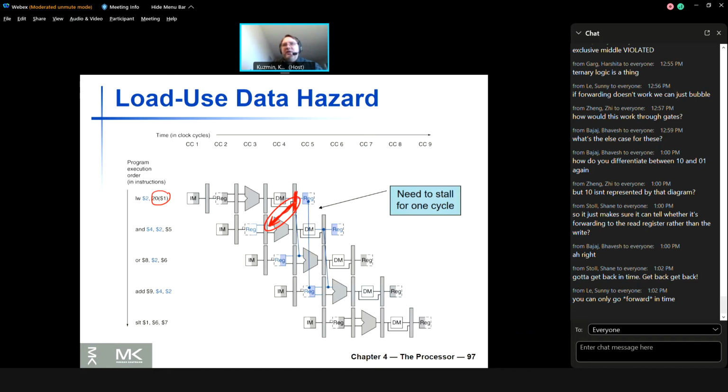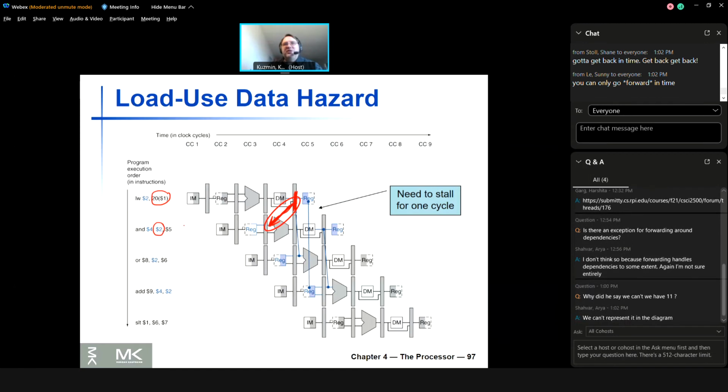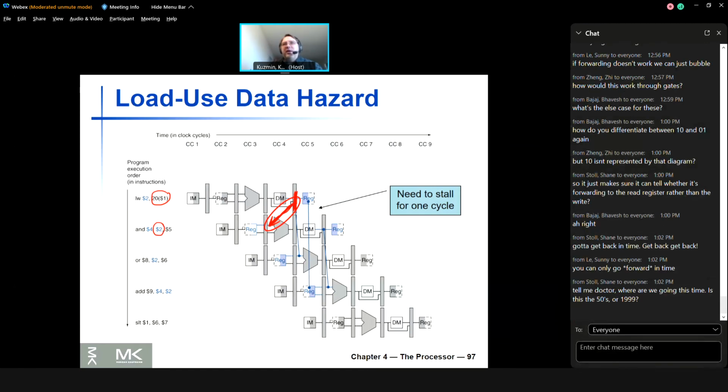But this instruction reads a second register, and the value is coming from data memory. Before this value is physically read from data memory, which happens in clock cycle 4, we just don't know what it is. There's no way we can predict what is going to be read from the memory, and that's why we cannot really do anything about it.